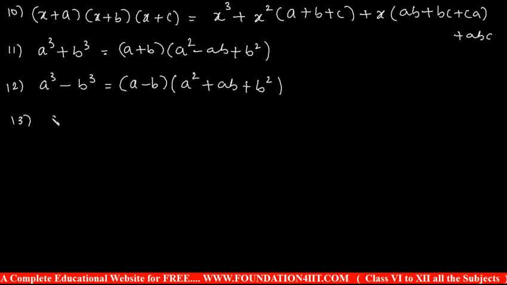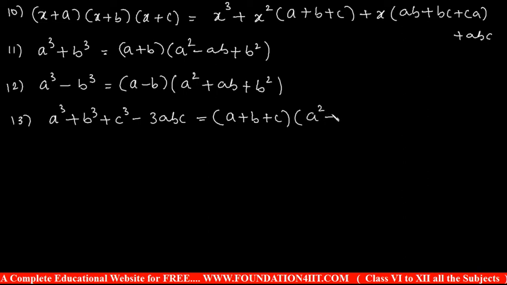Next we have the formula a cube plus b cube plus c cube minus 3abc. Most of the problems will use this concept. This value is exactly equal to a plus b plus c in the bracket a square plus b square plus c square minus ab minus bc minus ca.